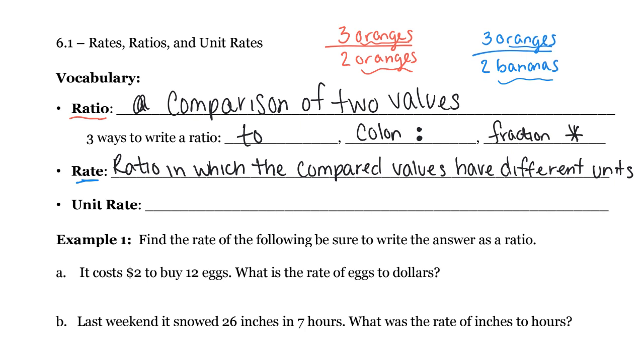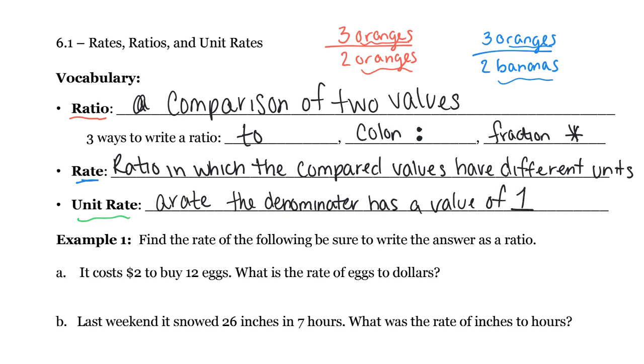Okay, and then a unit rate is even more special. It's a rate, so it has 2 different units, but the denominator has a value of 1.